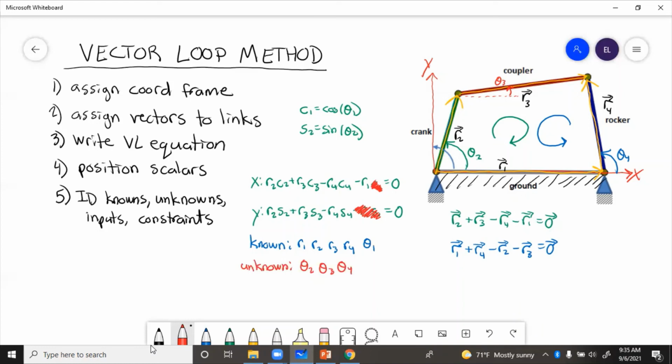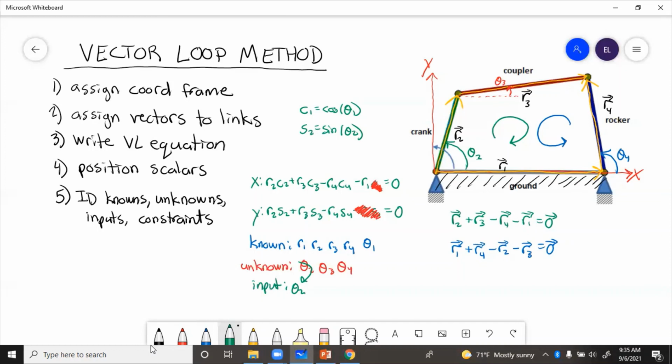Now in this example, there aren't any, but the typical convention is to go with theta 2, the crank angle on the left side being the input. So we'll say input is theta 2. So now we have 2 unknowns, theta 3 and theta 4, and 2 equations, x and y. So at this point, we would be able to solve.